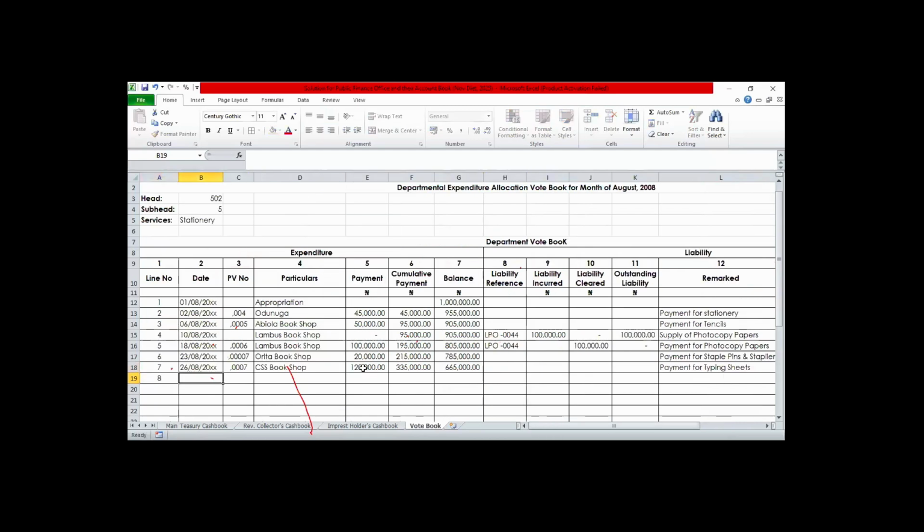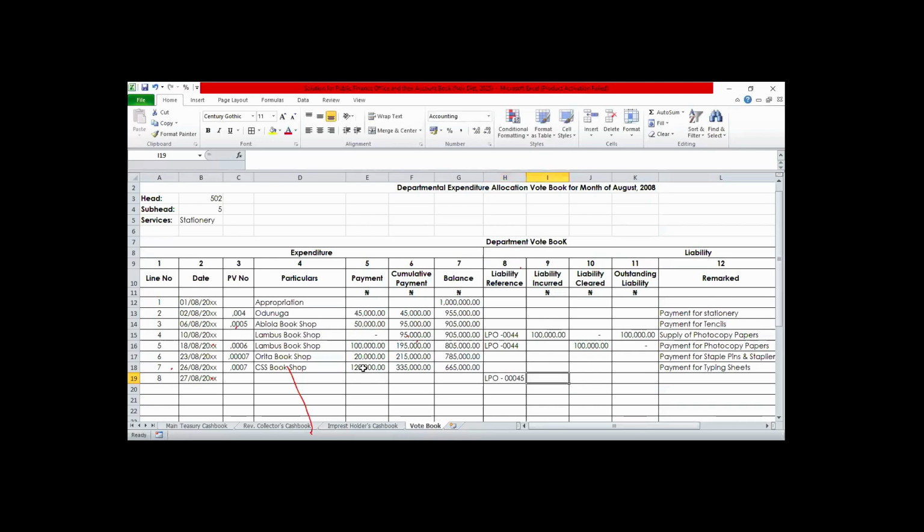27/8. Issued LPO. 2708. They issued what? LPO number 00045. LPO number what? 00045. 45.